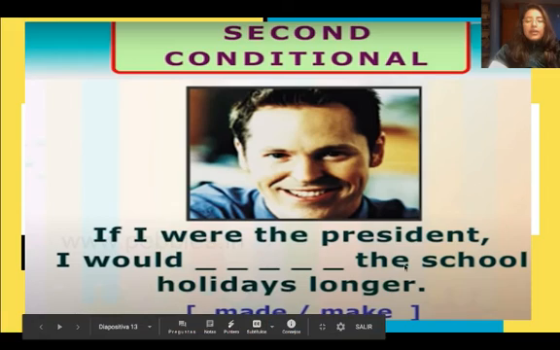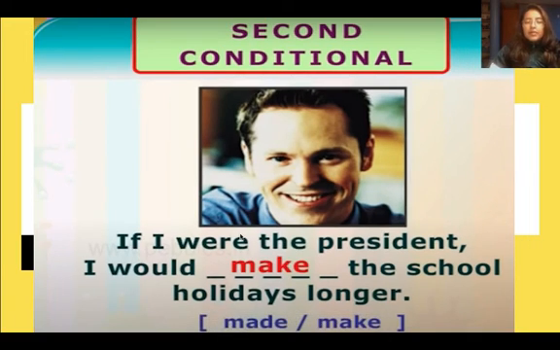What is the correct answer? Okay, the school holidays longer. Don't forget, if you use would, the modal, the next verb is in the base form. What is the answer? Make. Very good. If I were the president, I would make the school holidays longer.